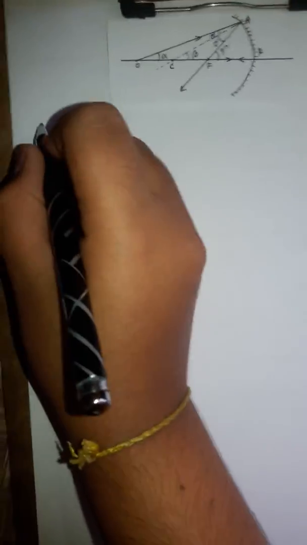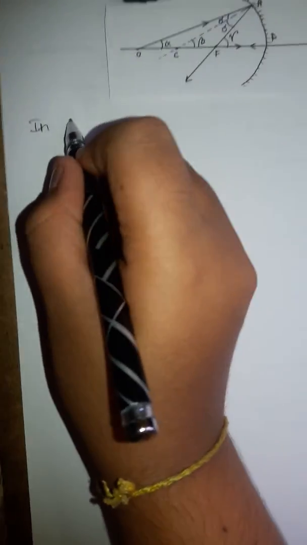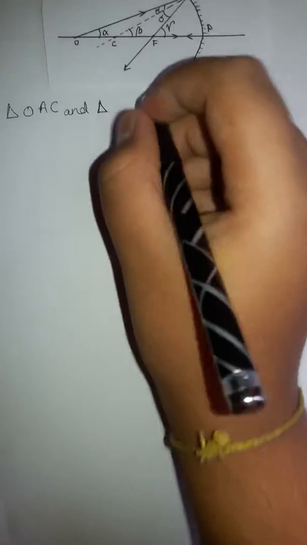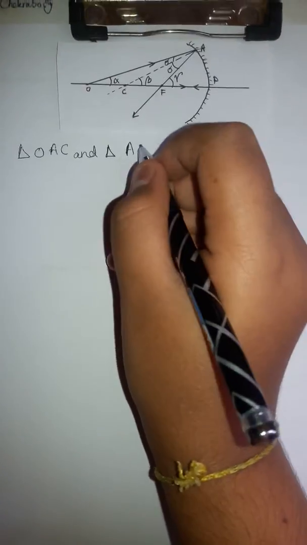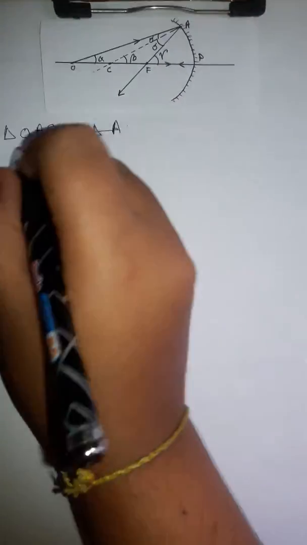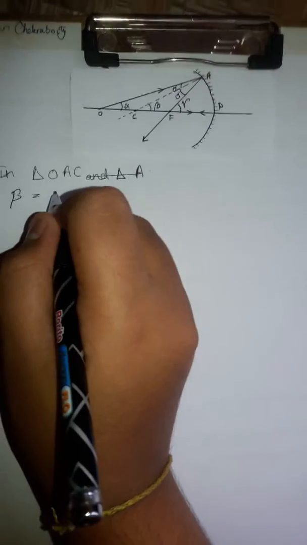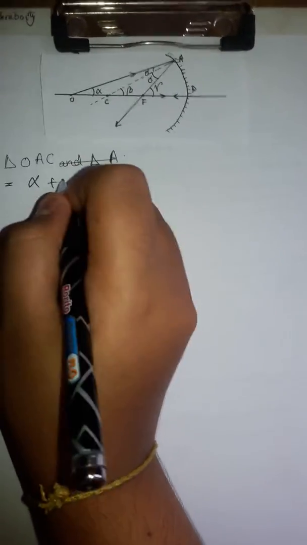Now according to this, we are just talking about triangle OAC. In triangle OAC we can say angle beta is equal to alpha plus theta.